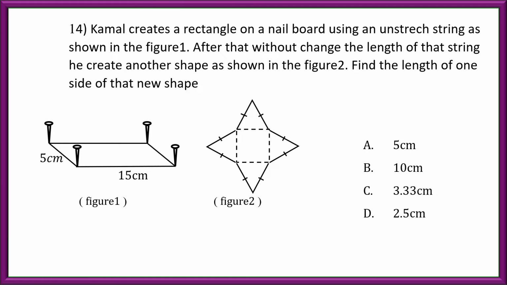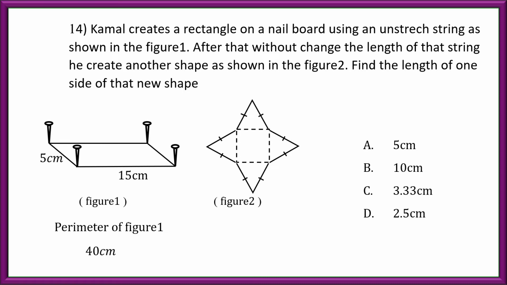Here, without changing the length of that string means, in each case, the perimeter should be equal. Let's find out the perimeter of the first figure. That is a rectangular shape. Therefore, the perimeter of figure 1 we can take as 40 centimeters.